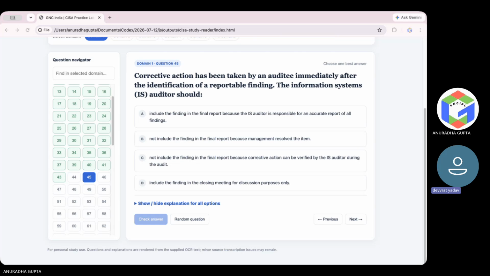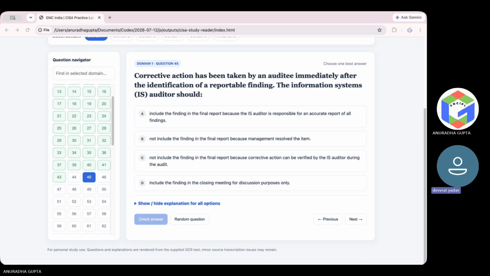What if corrective action has been taken by the auditee immediately after the notification of the reportable finding? The information system auditor should review the finding. Include the finding in the report, or not include the finding, since the correction is verified.